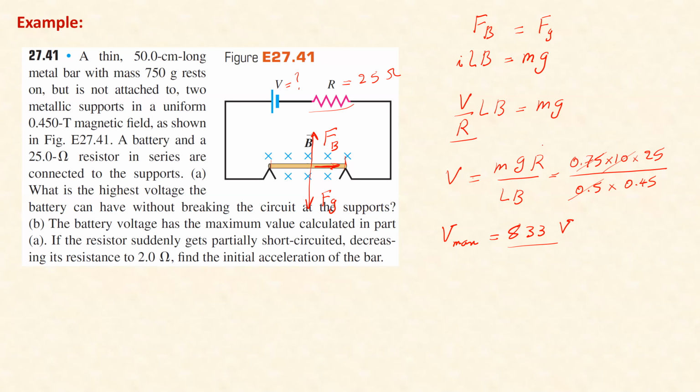So the current goes 12.5 times bigger. The magnetic force becomes 12.5 times bigger.